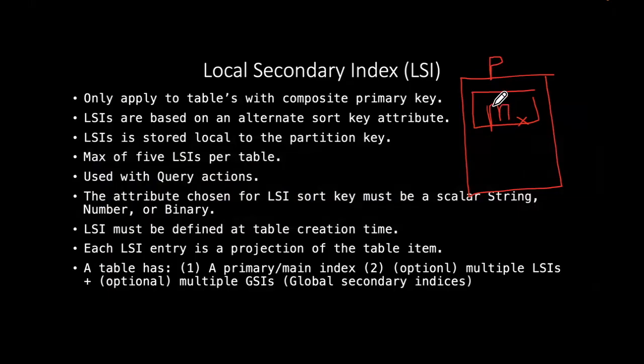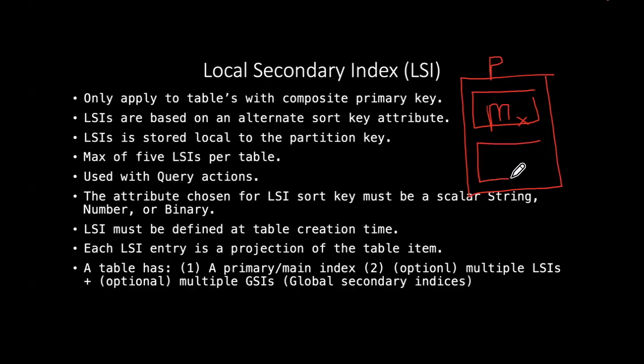Within this main index will be lots of items or records. They'll all have the same movie ID, but a different actor name. Because it's only one partition, it's only some of the data within my table, but it's going to be replicated across the other partitions.